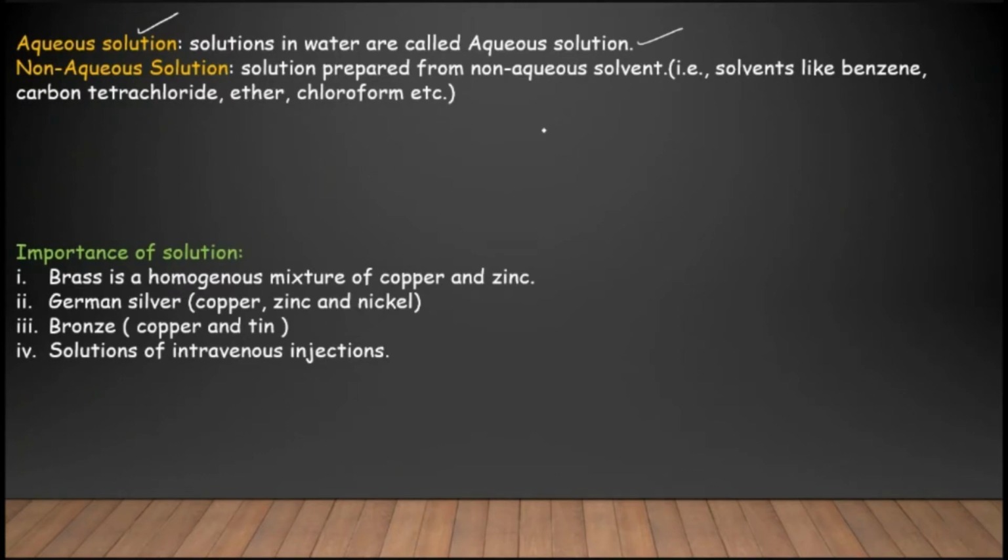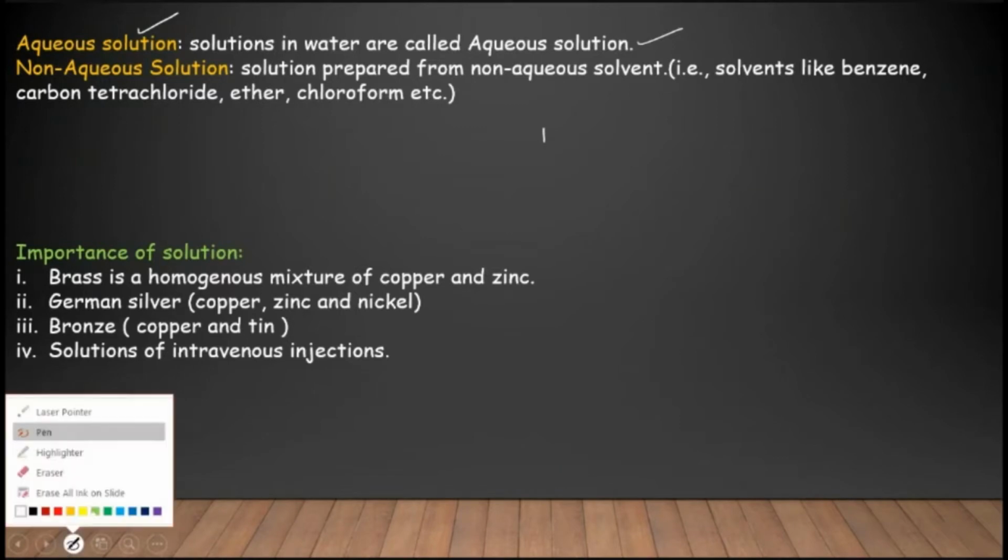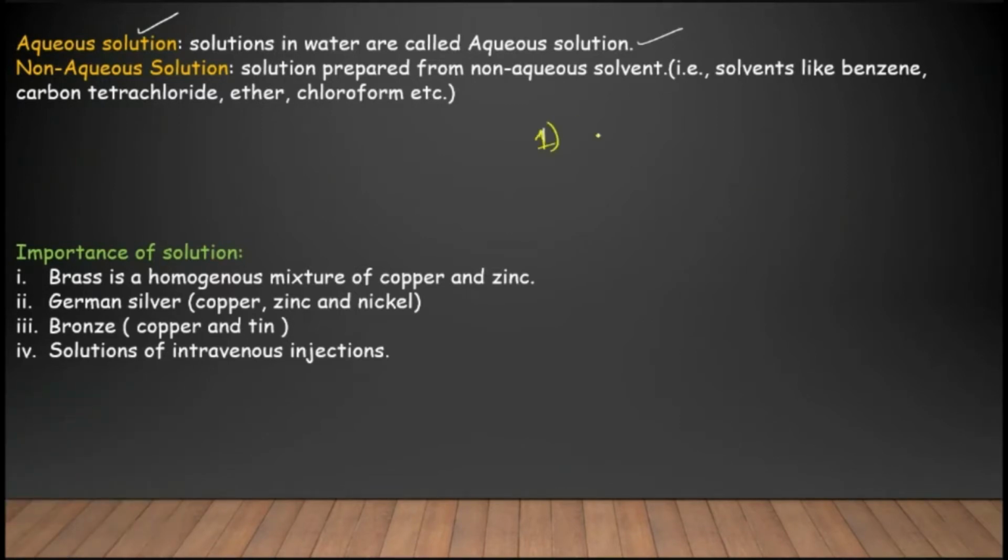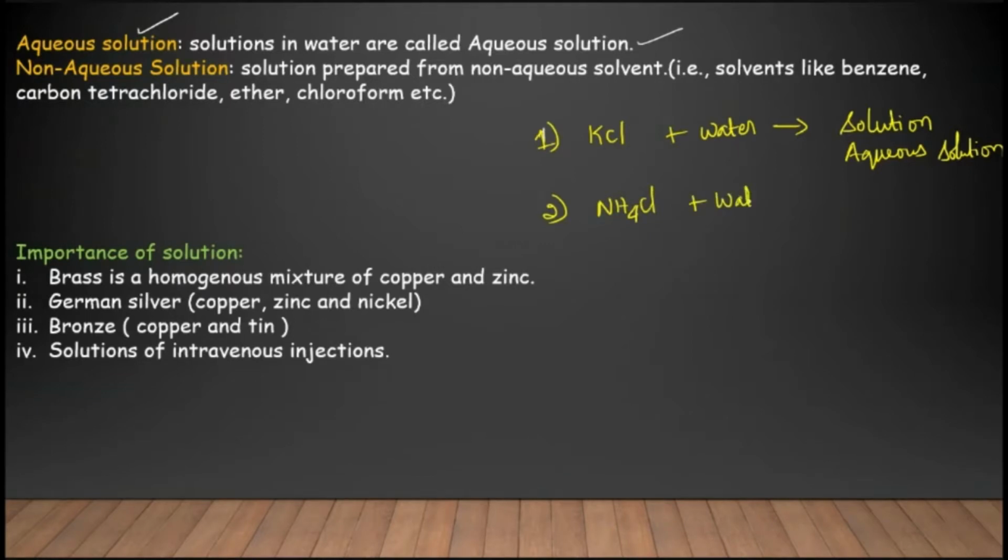Say for example, generally when you dissolve potassium chloride in water, what you get is an aqueous solution, or ammonium chloride plus water is a solution which is also an aqueous solution, or NaCl plus water gives you an aqueous solution.